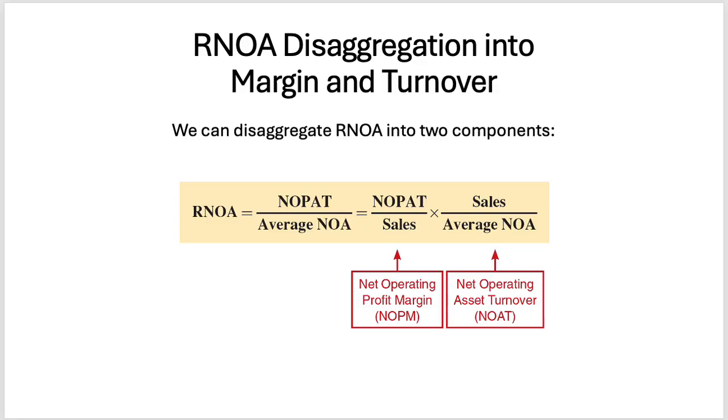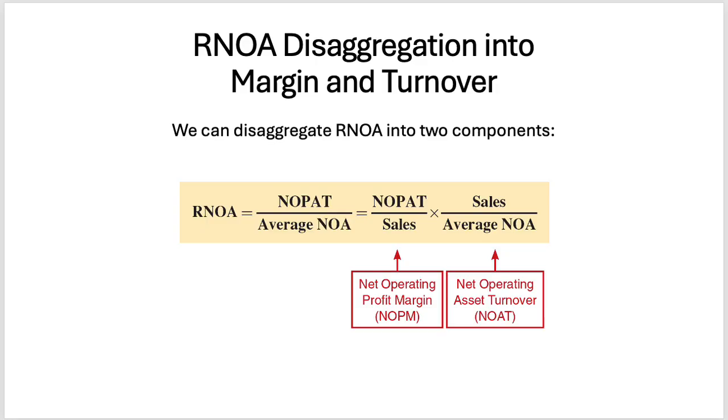You look in the tan box on the slide, and obviously you can see that RNOA, the calculation we've already sort of developed, is NOPAT divided by the average level of net operating assets. And so mathematically, essentially all we're doing is multiplying two fractions together, and when you do that, the two similar terms cancel out, which would be, in this particular illustration, sales. But what we're really talking about is these two individual elements with an operating focus.